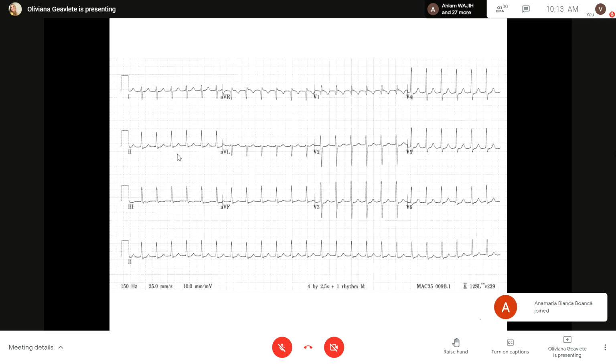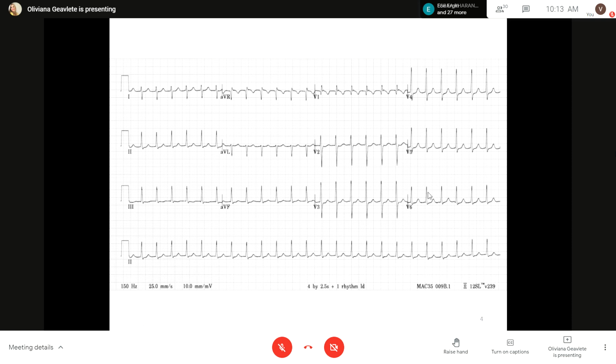I can't say that is the P wave. Are you sure this is not the P wave? Okay, this one here is the P. This one here might be a P. This one here, this one here. In V2, you only see this one, this one, this one.